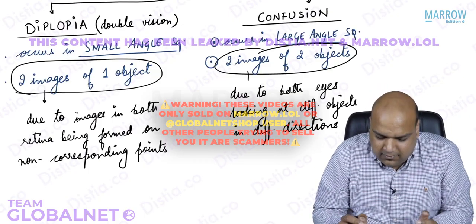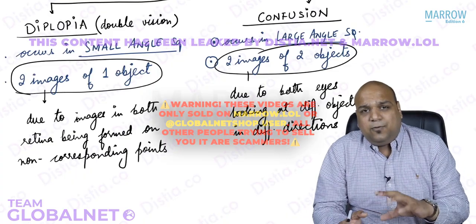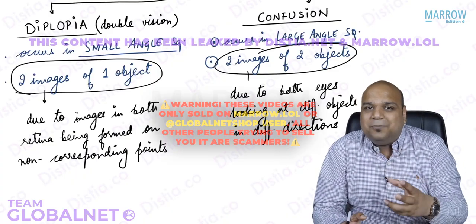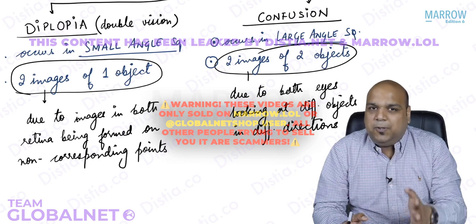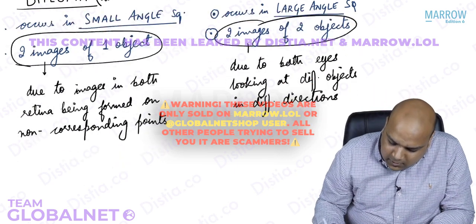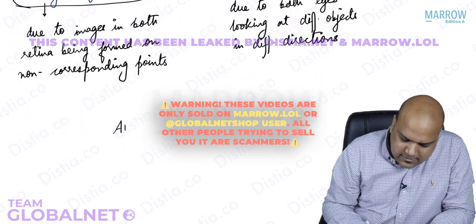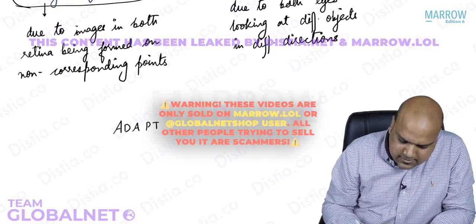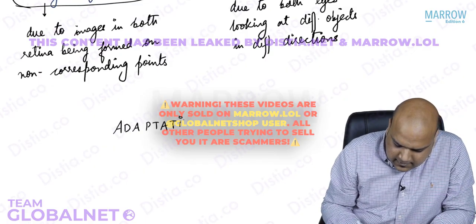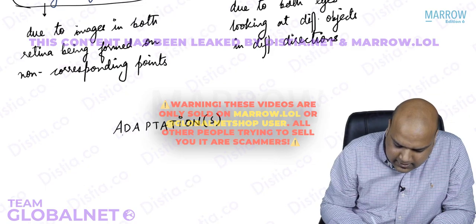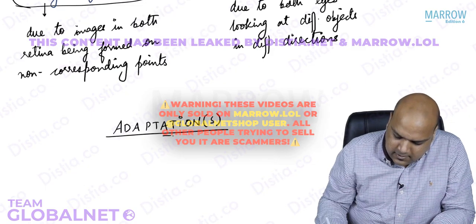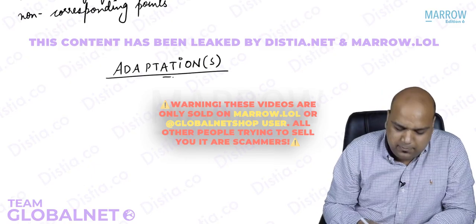Now, our body is unique in the fact that it has a lot of adaptations to overcome the problems that are thrown to it. So, because we have consequences, we have adaptations. So now, what are the adaptations to squint? So let us first see the adaptations to diplopia.